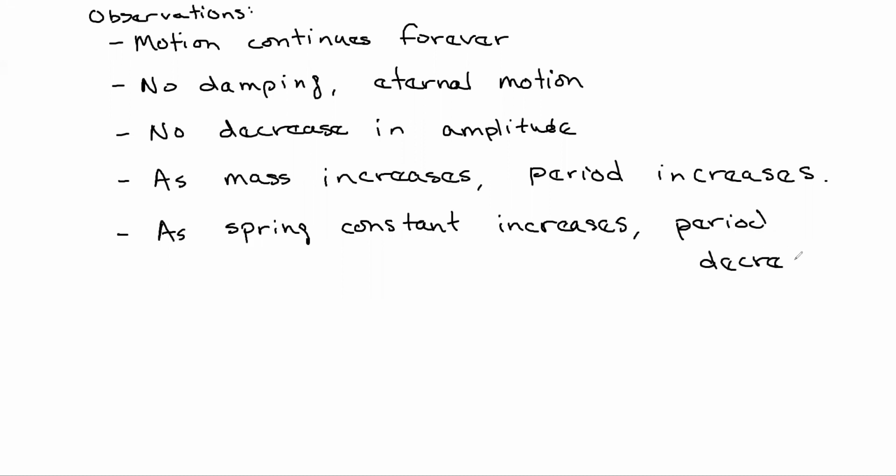The spring constant has to do with how stiff the spring is. So if you had a stiffer spring, then you get shorter length oscillations. So those are all observations that we can make.